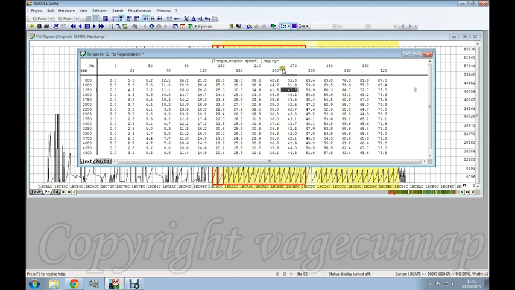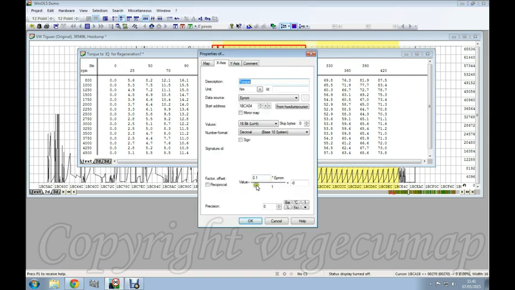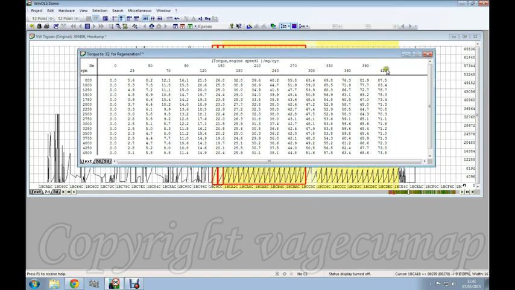And as before, if I click on there, the factor is 0.1, so we've got torque in Newton meters with a factor of 0.1, which gives us our maximum torque up to 420.